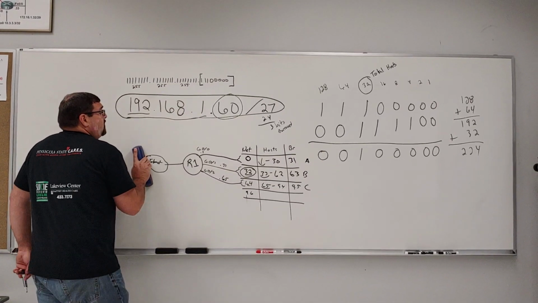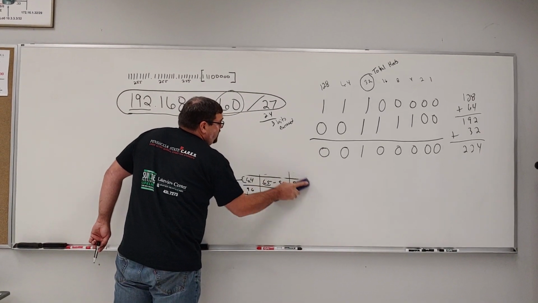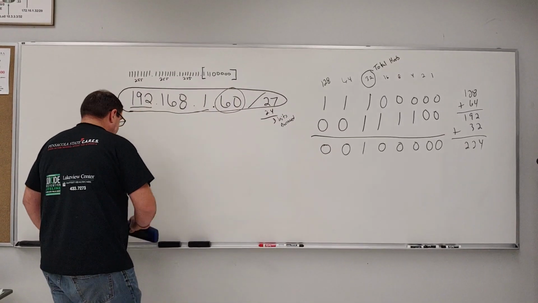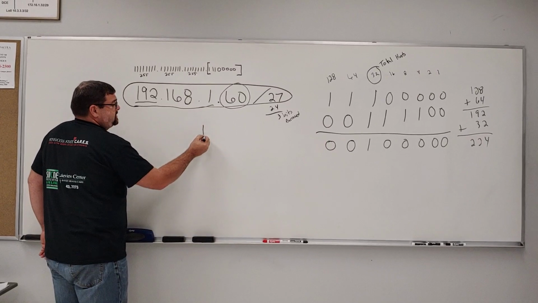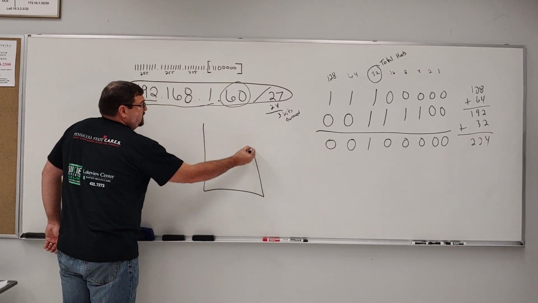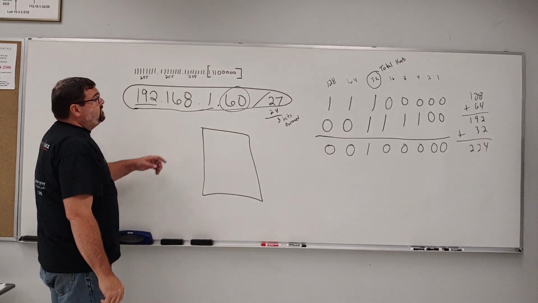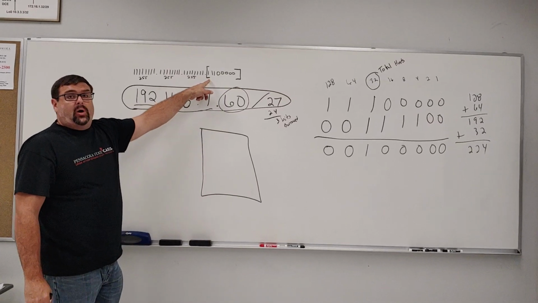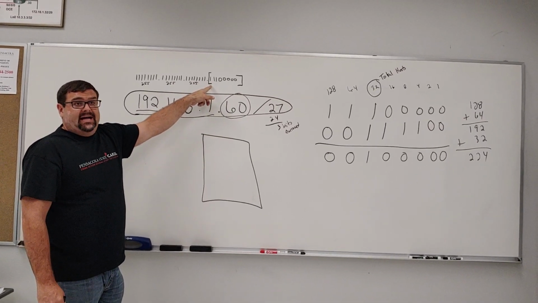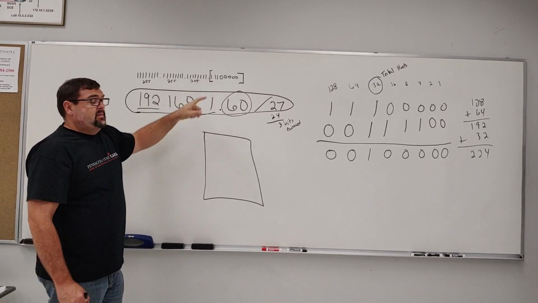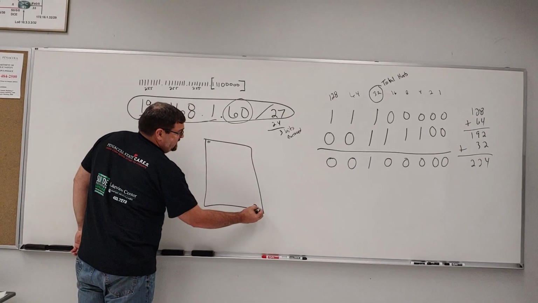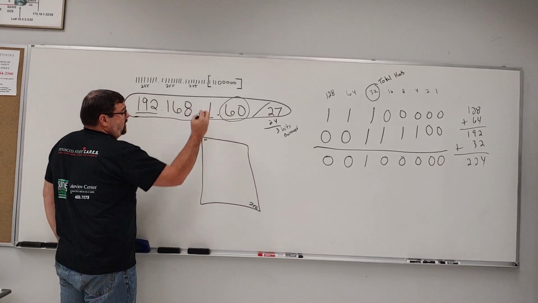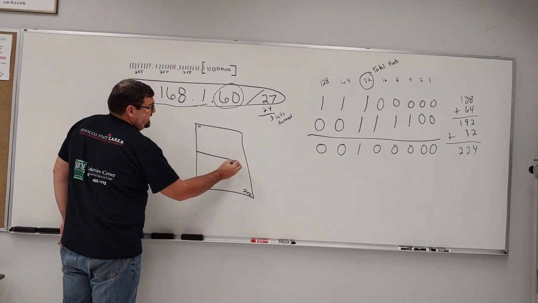Now, when it comes to borrowing bits, if you think of your network as a sheet of paper, every bit that you borrow divides it in half. So if you always start with 0 and end with 256, if you borrow one bit, you divided it in half.